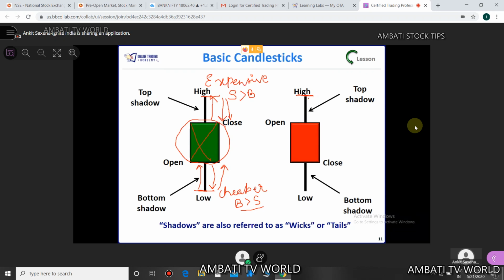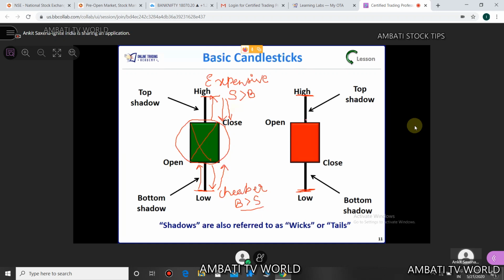Getting my point, Mr. Chandra? The orders have got executed till this point, or till this lowest point. So it's not because of the volume, okay?